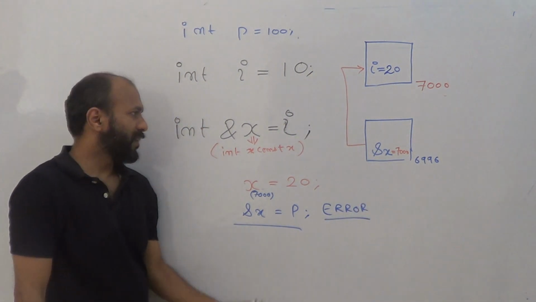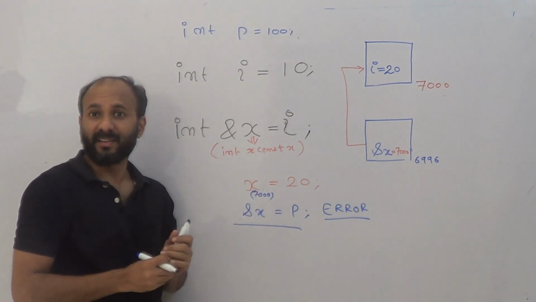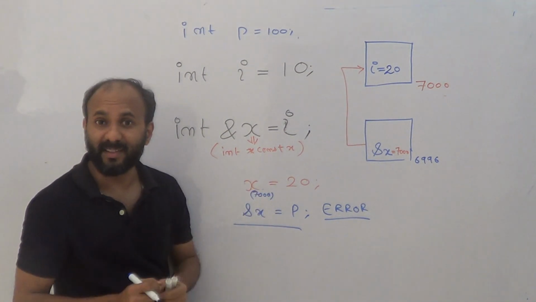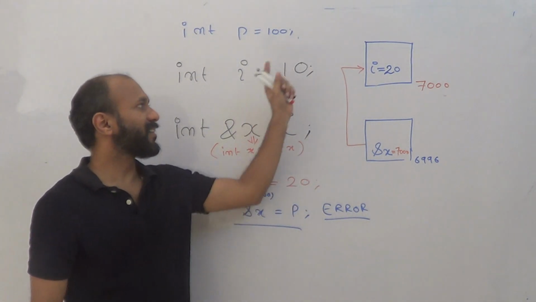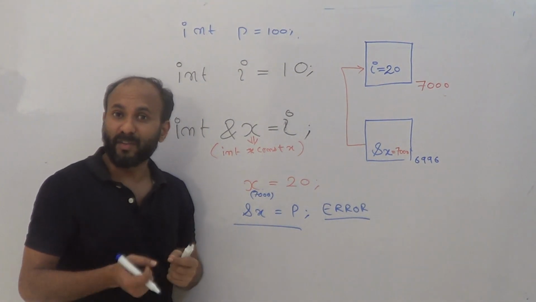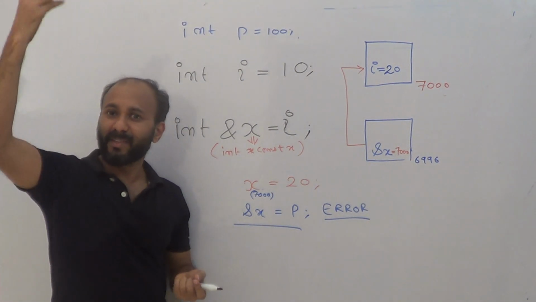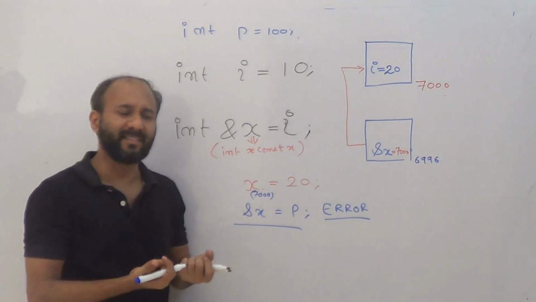Now one more thing: if you try to take the address of the reference variable, it will not give its own address. A reference variable will give you the address where the reference variable is pointing. For example, if we take the address of Big B, you will get the address of Amitabh Bachchan only. You will not get the address of Big B itself because it's an alias name.